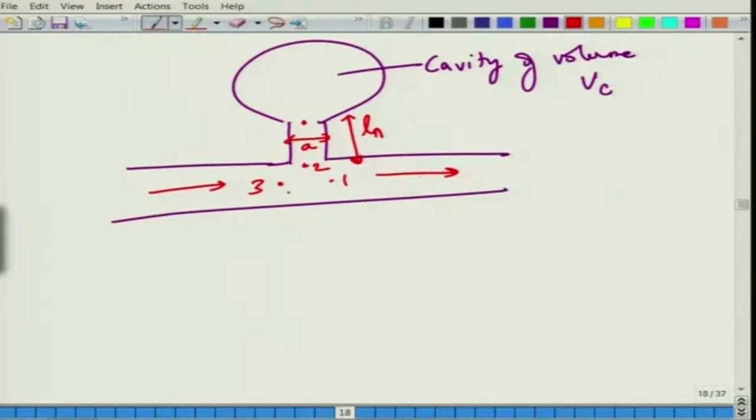So, now one thing you would have noticed in this set of lectures is that we have been introducing terms as we come across them for the first time. So, what are the state variables?